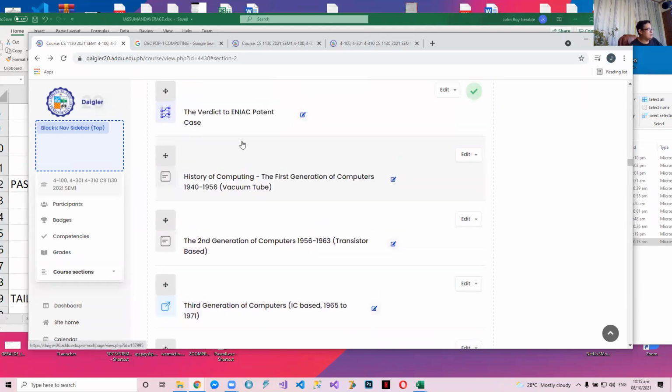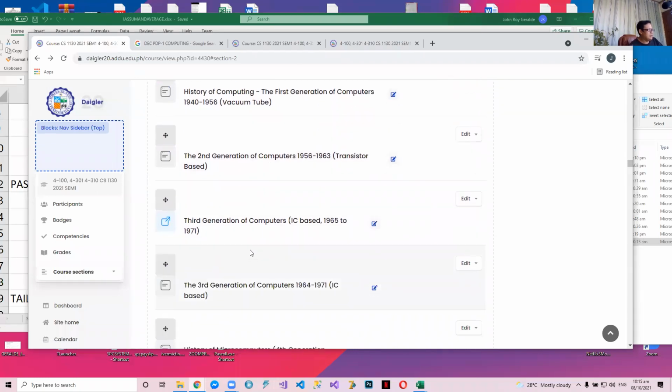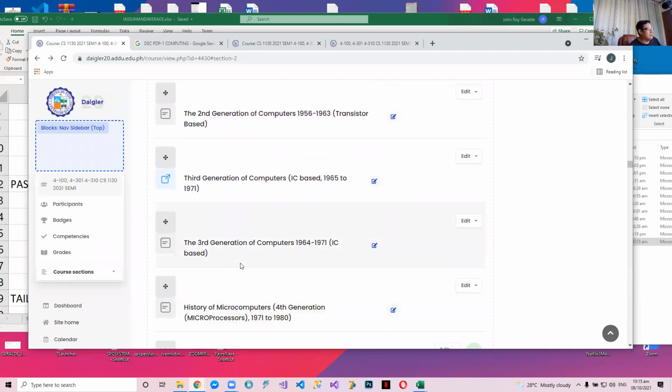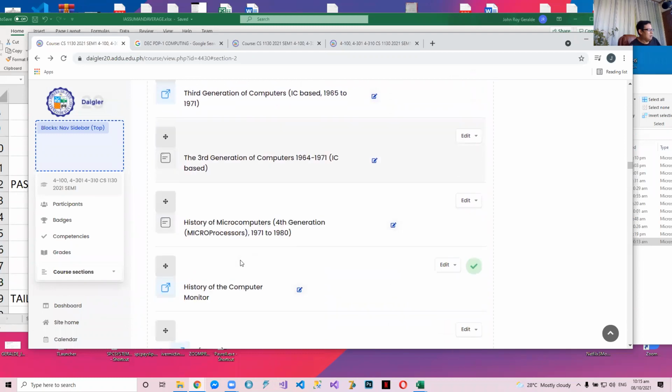No, sorry, second generation is transistor. Third generation is IC, large scale. The fourth generation is microprocessors, and so on and so forth.